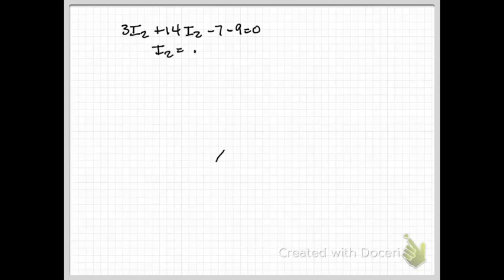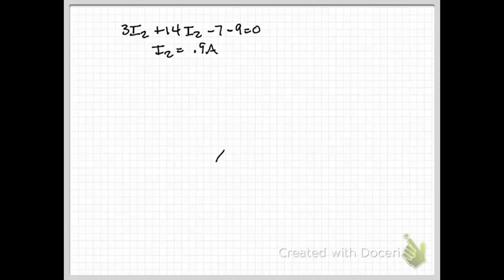All right, so continuing on and kind of simplifying things a little bit, we have 3I2 plus 14I2 minus 7 minus 9 equals 0. And if you work through this, you end up with I2 is equal to 0.9 amps.